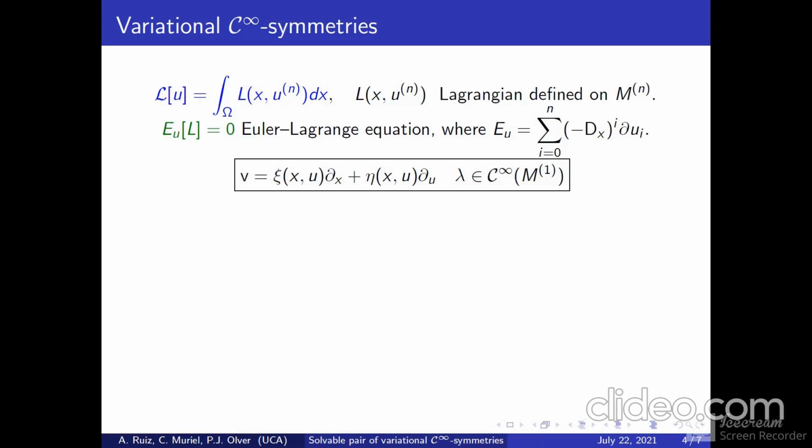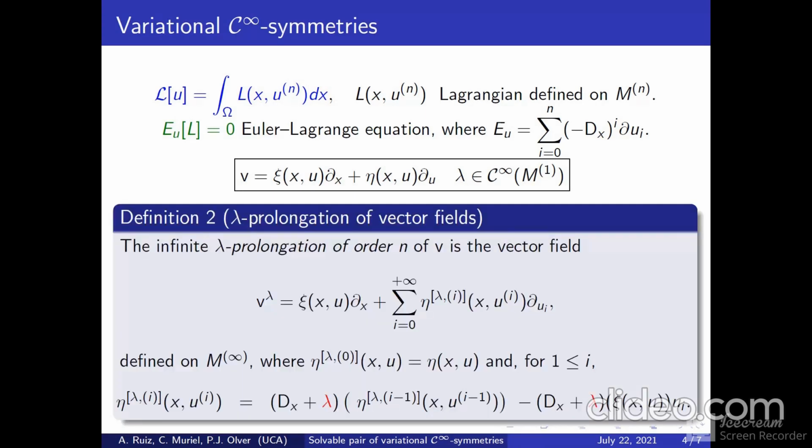The notion of variational C-infinity symmetries is based on a new way of prolonging a vector field called the lambda prolongation of a vector field. So the infinite lambda prolongation of a vector field v is the vector field defined in this way, where the coordinates satisfy this formula below.